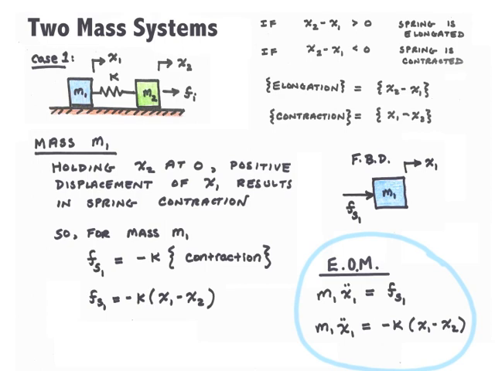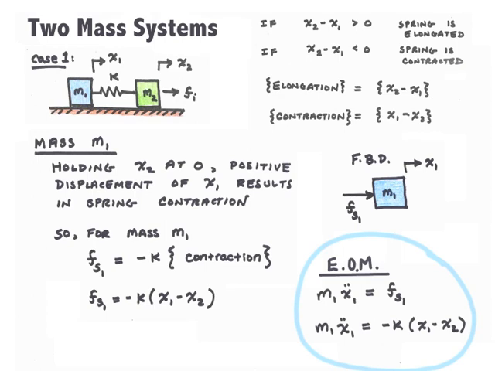Let's consider our thought experiment again. We said we're going to hold x2 fixed and move mass m1 to the right, so x1 would be positive. In this case, the spring is contracted, and we know that the force acting on m1 from the spring would be pushing m1 back to the left. So in this case, Fs1 would be negative. That tells us that Fs1 must be equal to negative K times the contraction. The contraction was positive in this thought experiment.